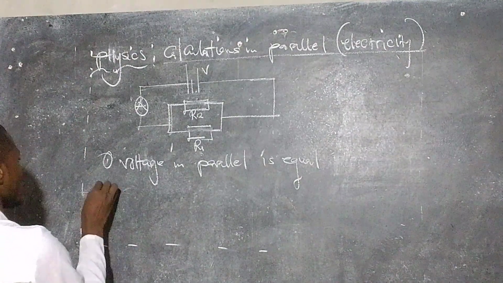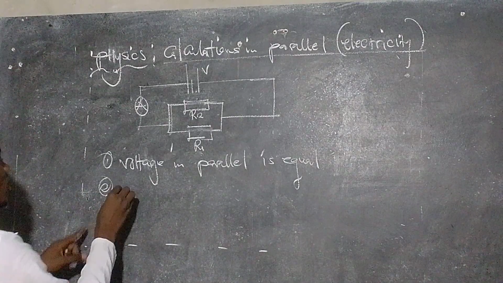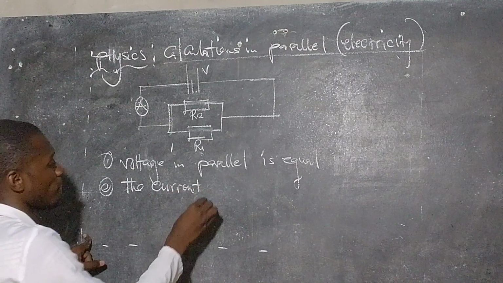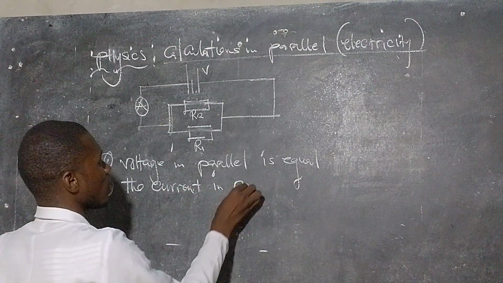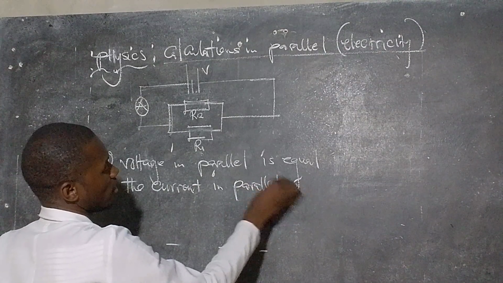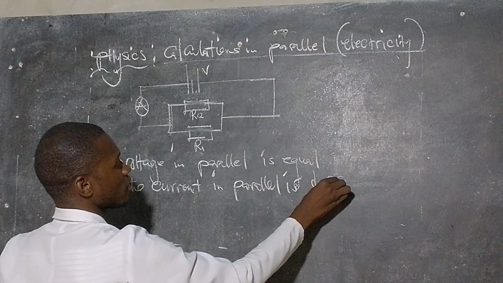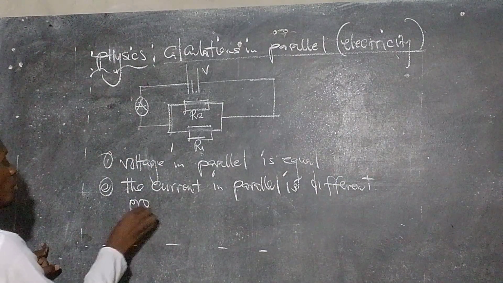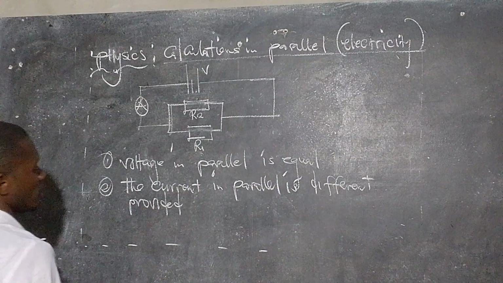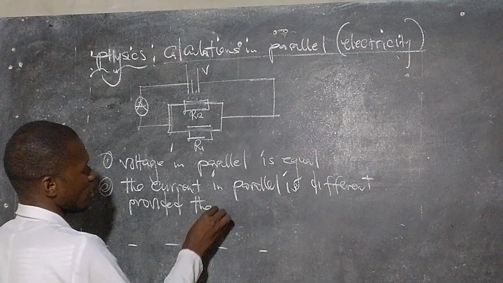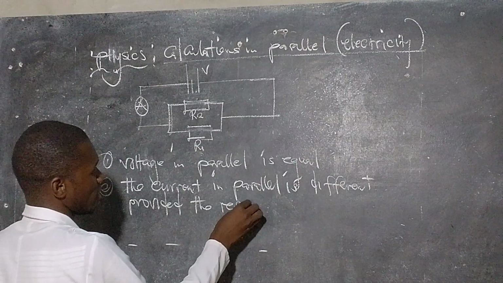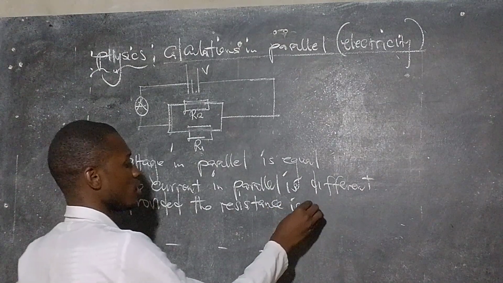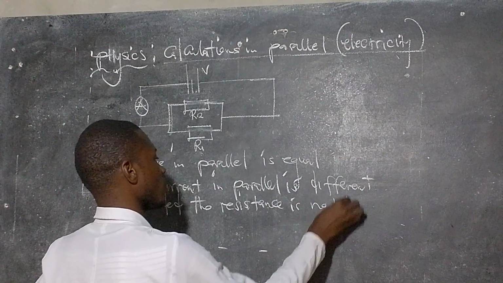Then the second one will be the current in parallel is different, provided the resistance is not the same.